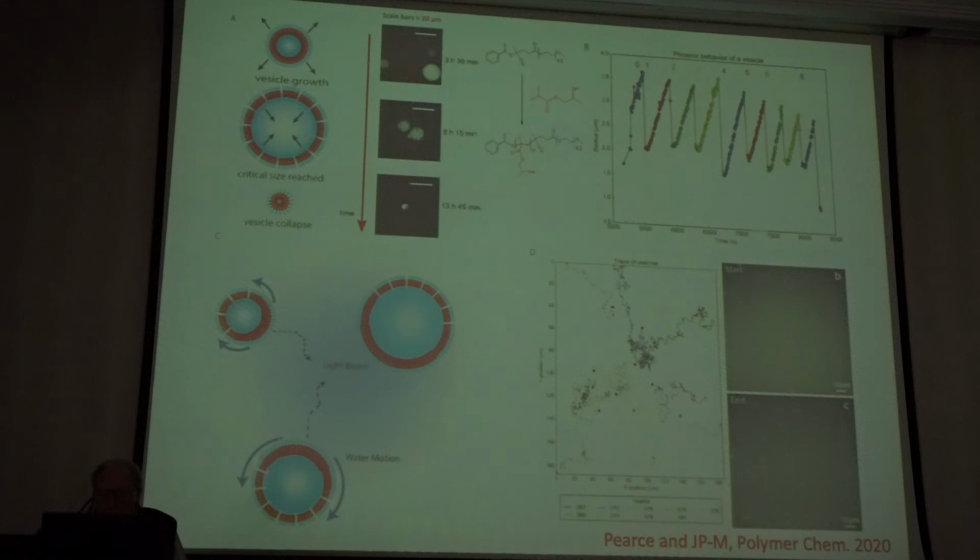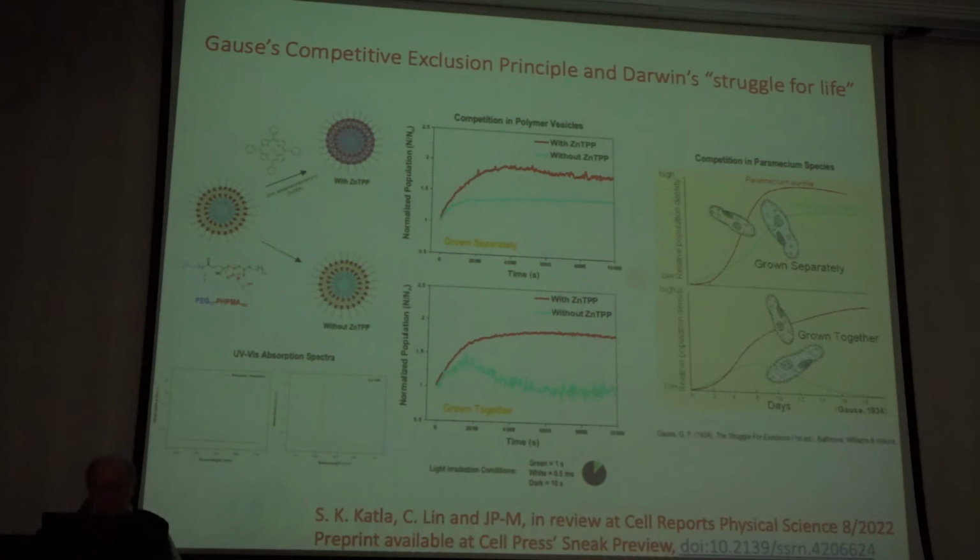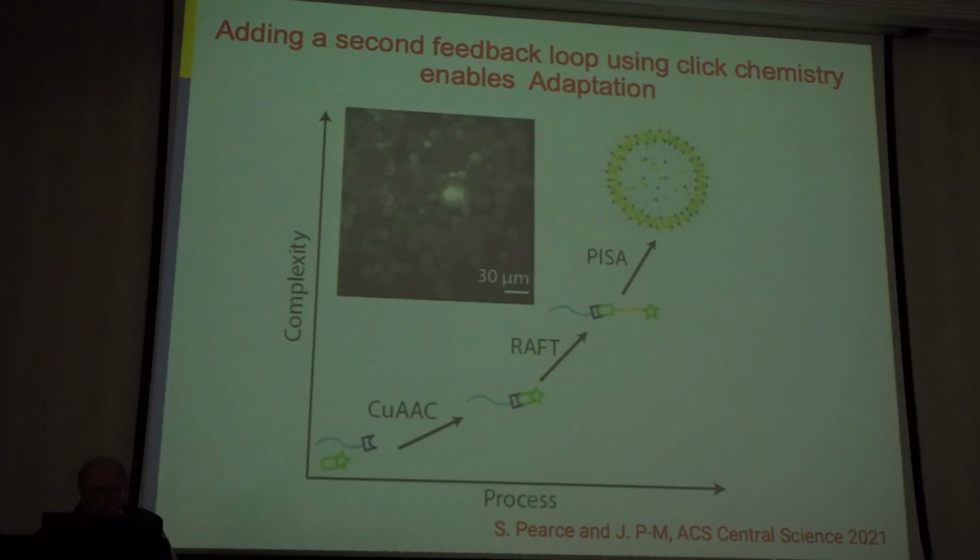We also are able to do the same process with something like a chemical computer put inside. There is a catalyst there, and by using different catalysts, we can put them to compete with each other by introducing a form of click chemistry, which we introduced last year. And you can actually see how the system adapts.